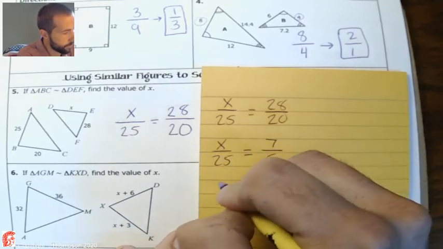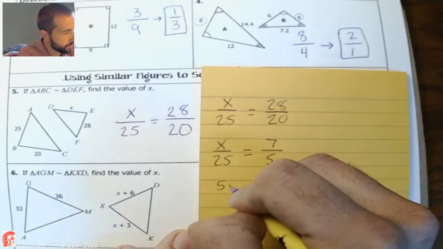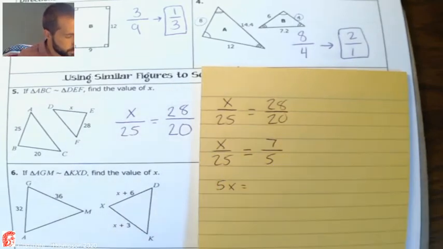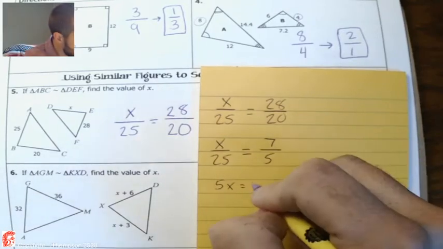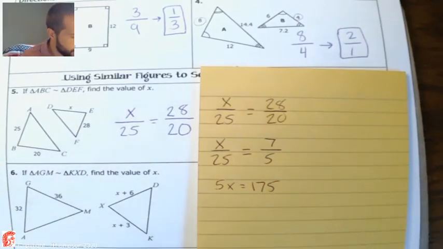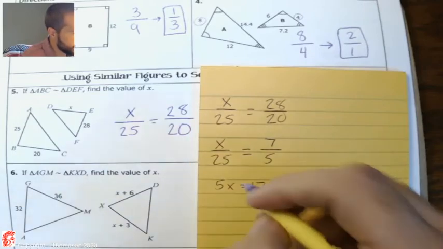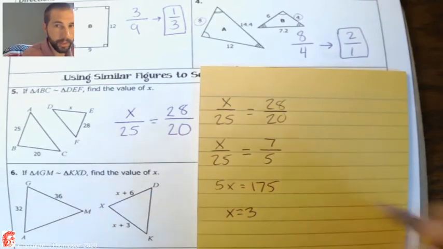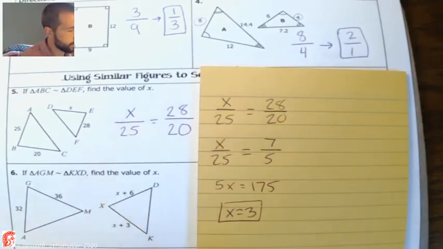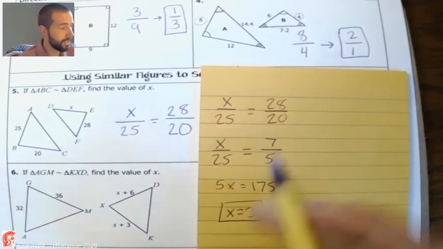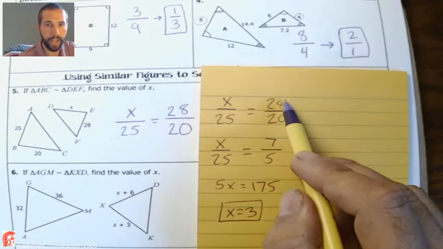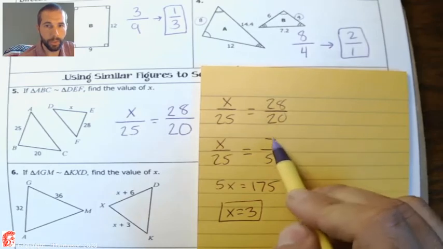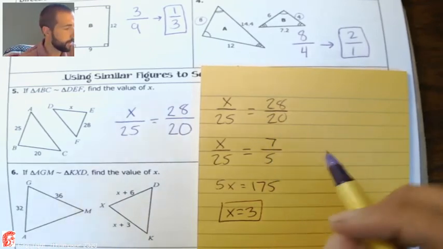Cross multiply, I get 5x equals 175. And then 175 divided by 5, I get x is 35. So notice I get the same answer because I didn't change the number. I didn't change 28 over 20. All I did was reduce it. I just made it look different.